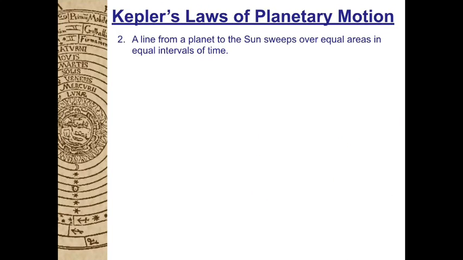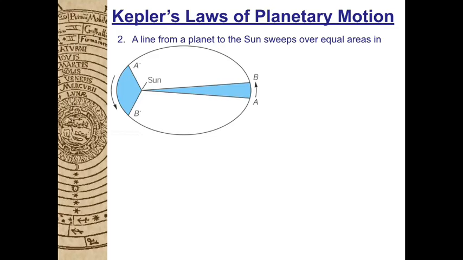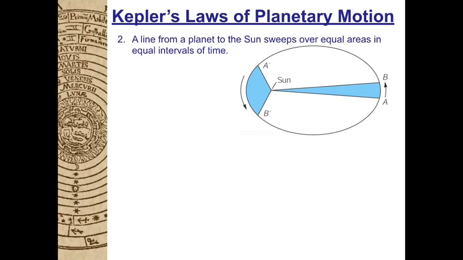His second law says that if I draw a line from the planet to the sun and allow the planet to move, it is going to sweep out an area. Okay, this area is given in the blue, going from A to B on the right side and A to B, A prime, B prime on the left side. So it's going to sweep out these areas.